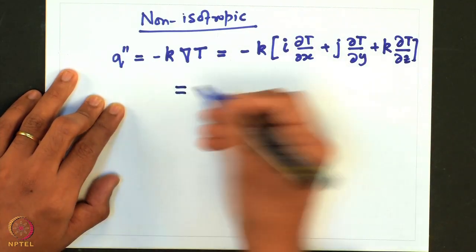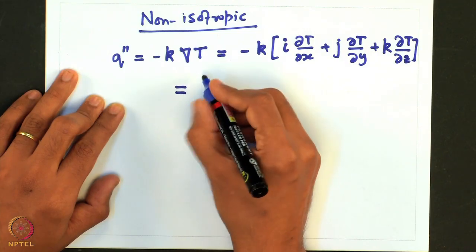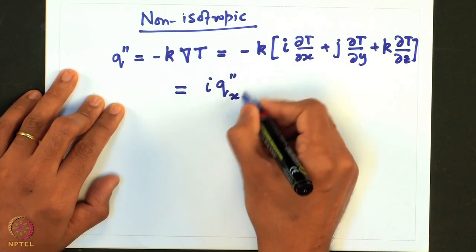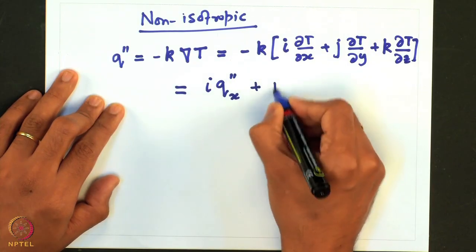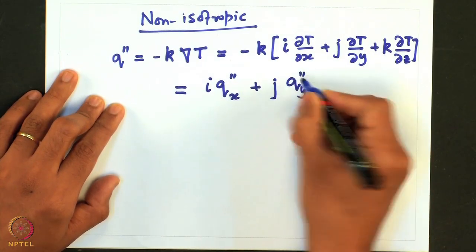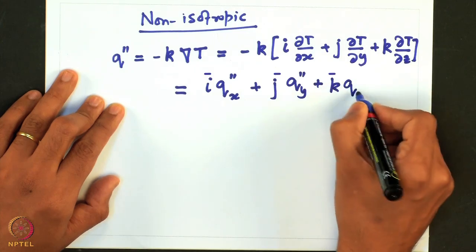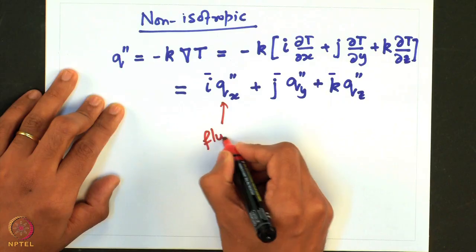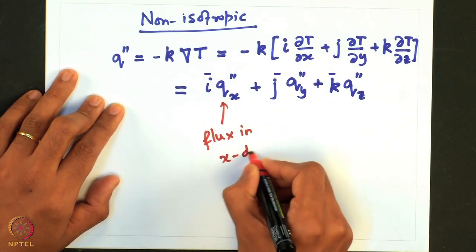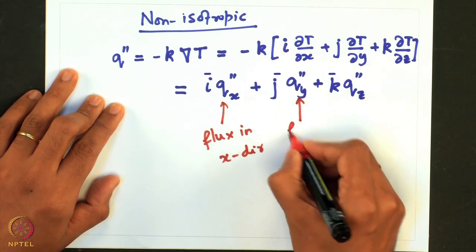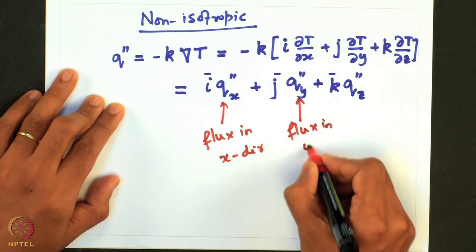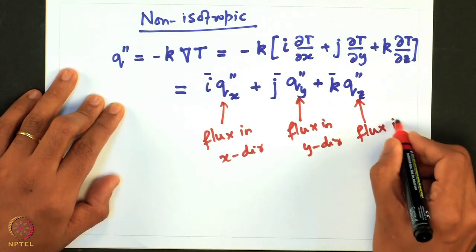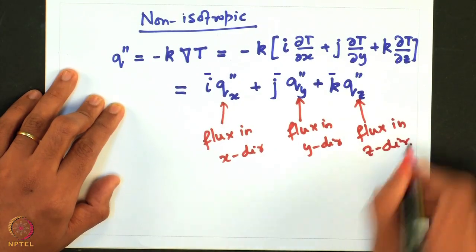This is also equal to i qx double prime, the flux in the x direction, plus j qy double prime, the flux in the y direction, plus k qz double prime, the flux in the z direction.